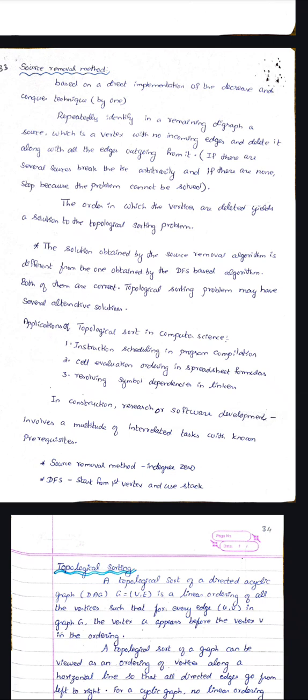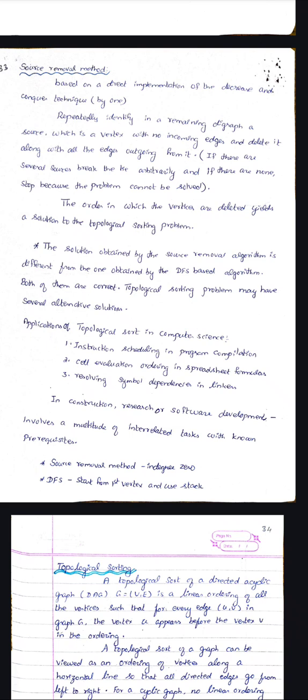The source removal method is based on a direct implementation of decrease and conquer by one. Repeatedly identify in the remaining digraph a source, which is a vertex with no incoming edges, and delete it along with all the edges outgoing from it.